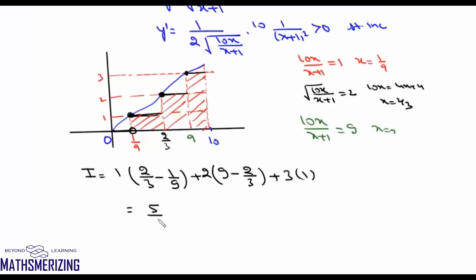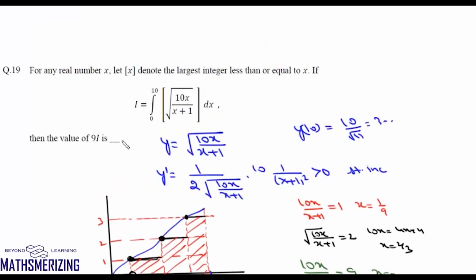This is 5 by 9 plus 18 minus 12 by 9 plus 3, which is 182 by 9. Now we need to find the value of 9I. The value of 9I is 182. So the answer to this question is 182.